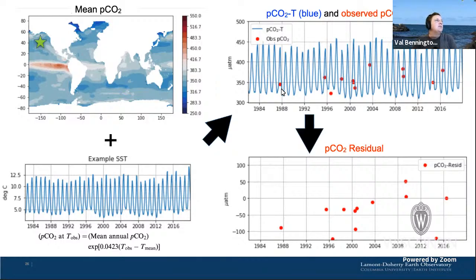And then we have the observations of PCO2 at the same location. So they're in red dots throughout time at this given location. And so we want to know the difference between the observed PCO2 and this PCO2T, just the PCO2 that would be predicted if only temperature had changed. And so we have this residual here at the bottom. And it's just the difference between the two.